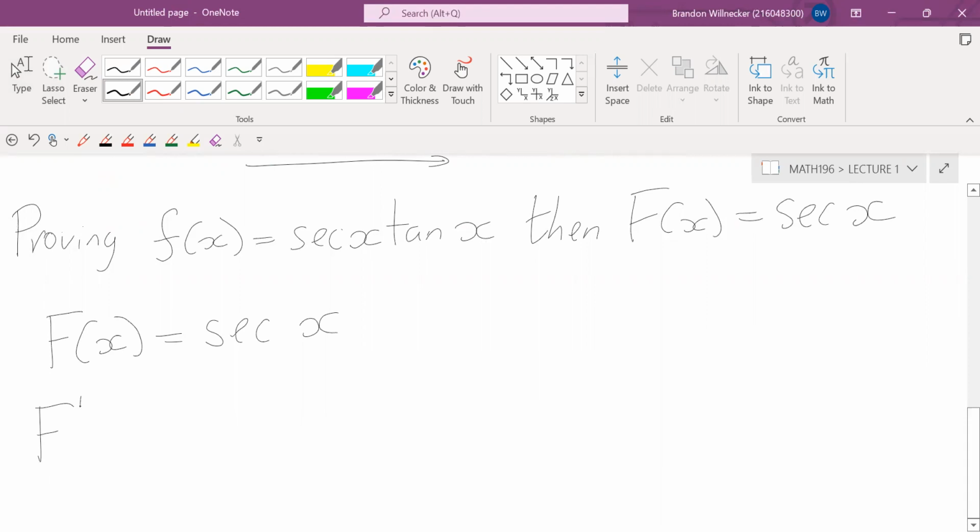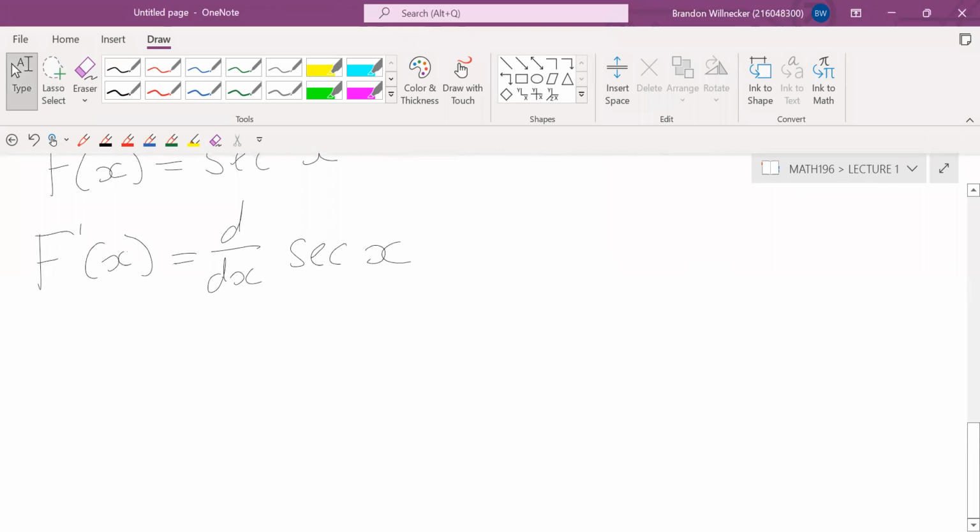So F prime of x is equal to d by dx of sec x. But remember, sec x is 1 over cos x. So that's d by dx of 1 over cos x.